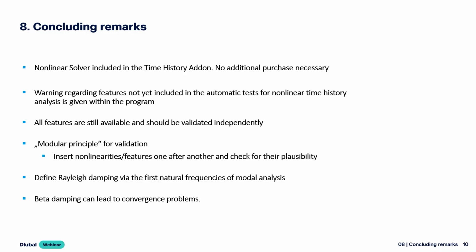You can do that. And currently, the beta damping can lead to convergence issues. So if that's a problem in your model, try to run it once without beta damping. That could help in investigating the results, and then you can adjust the beta damping or time steps or whatsoever.